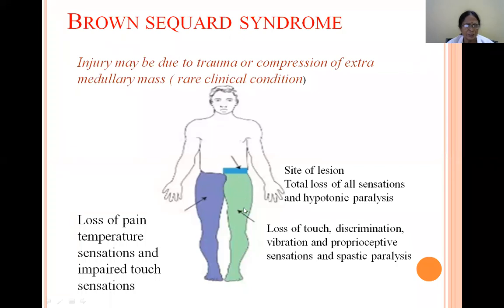On the same side, loss of touch, 2-point discrimination, vibration sense, proprioception, and spastic paralysis is seen. The dorsal column fibers do not cross, so these sensations are lost on this side. On the opposite side, pain and temperature sensations are lost.